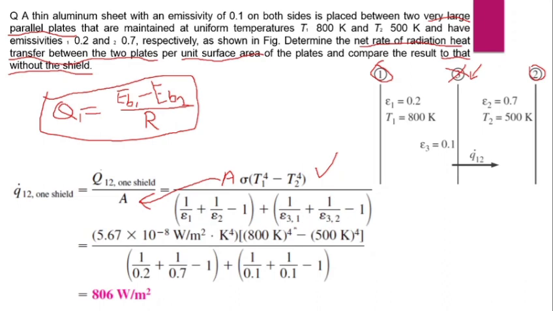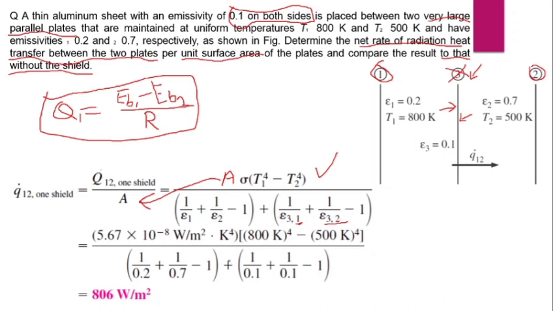What is the meaning of 1 here? It is the emissivity of this side, the side toward 1, and this is the emissivity of this side, the side toward 2, right? So it will remain the same, 0.1 on both sides. So in our case, epsilon 31 is equal to epsilon 32, and both are equal to 0.1.